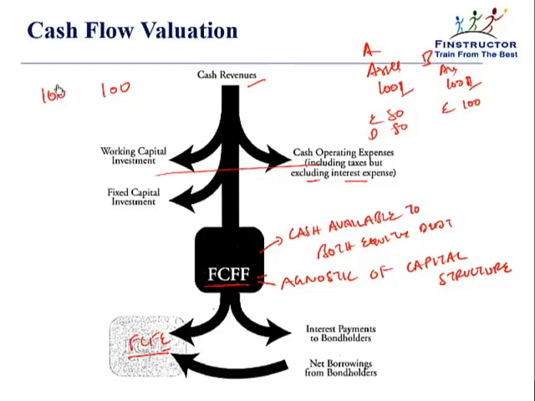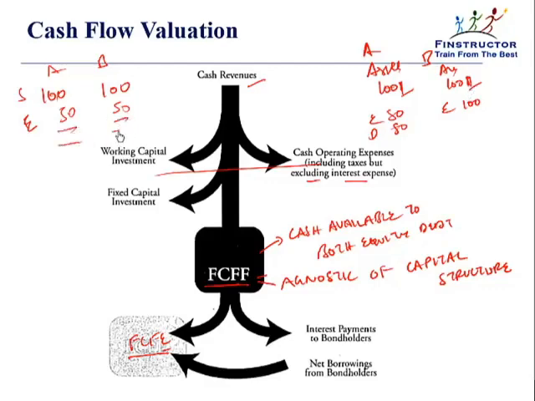If company A is able to make sales of 100, company B will also be able to make sales of 100. The expenses of the plant, that is operations, the raw materials, repairs, etc., electricity, power, will be the same for both plants. The plant doesn't care whether you've taken debt or whether you've taken equity, it will still run just the same. So the expenses will be the same.